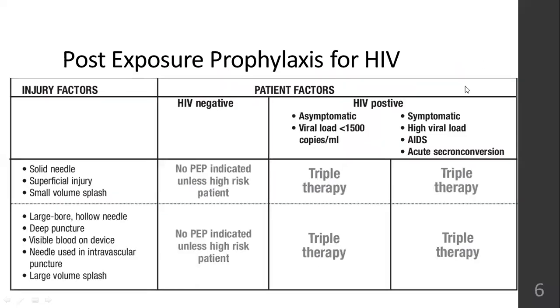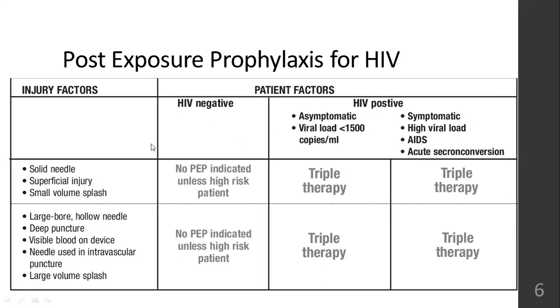Now coming to the post-exposure prophylaxis for HIV. If you are exposed to an HIV patient, either through needle stick injuries or blood splashes on your body, immediately send your blood sample for testing.